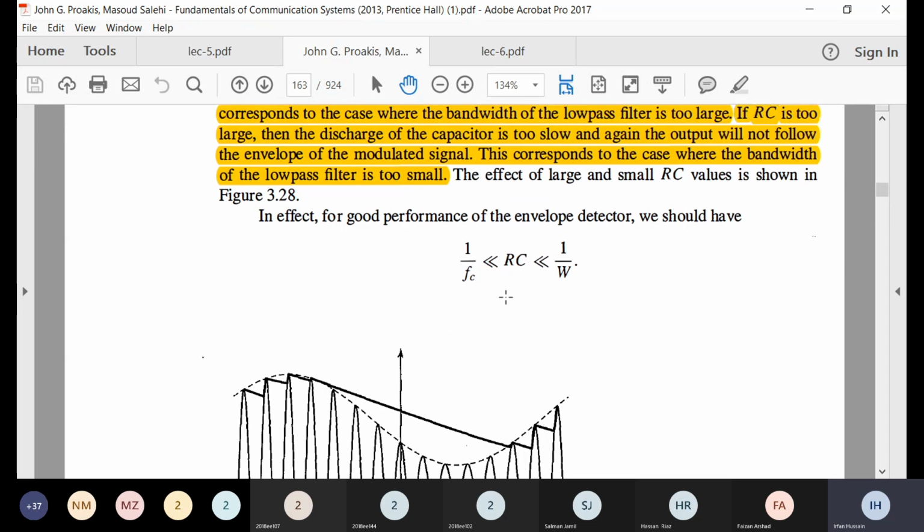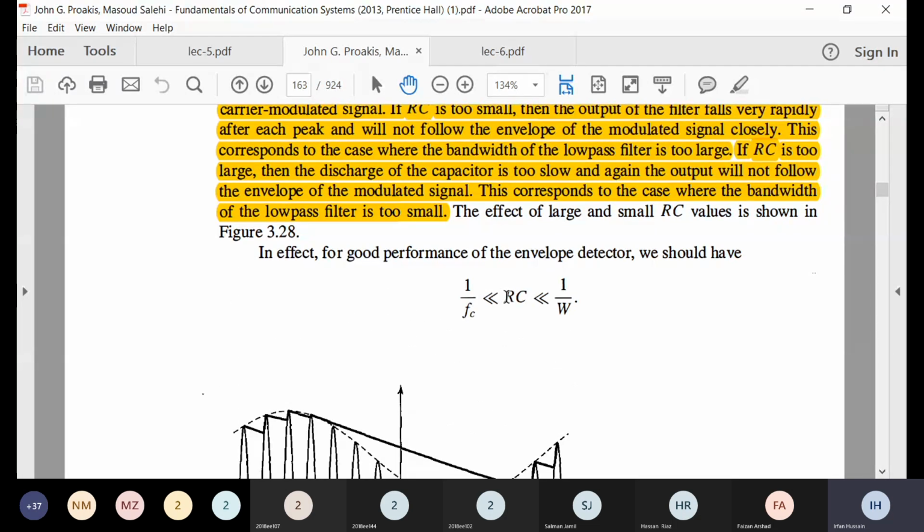So we need an RC time constant which is in between the times given by 1 over Fc and 1 over W. W is the bandwidth, so 1 over W gives you the time constant of the baseband, and 1 over Fc gives you the time of the carrier.